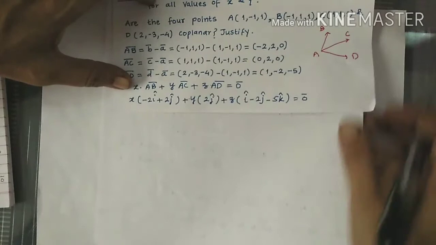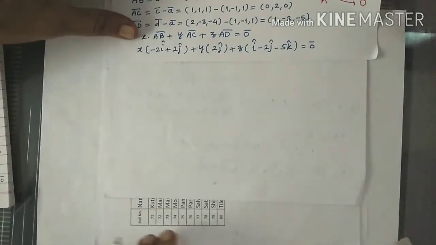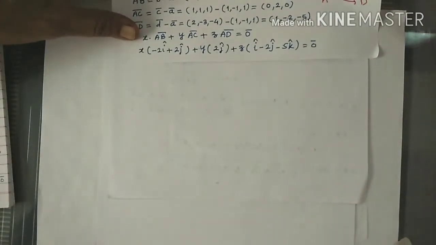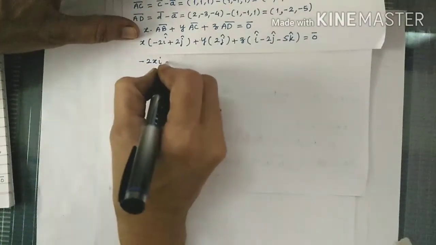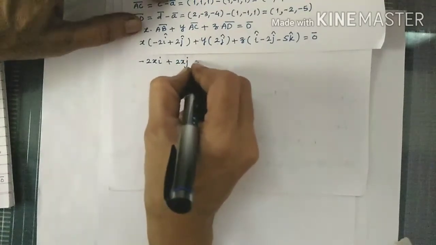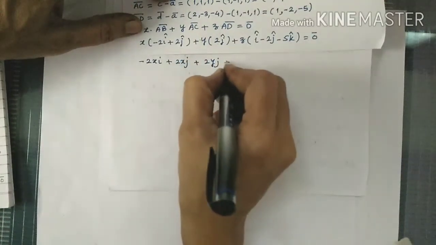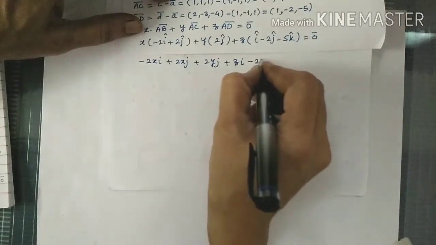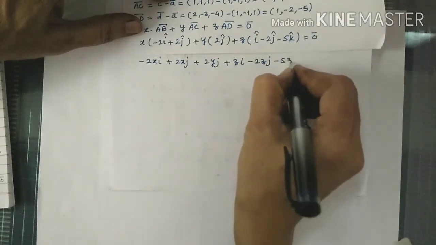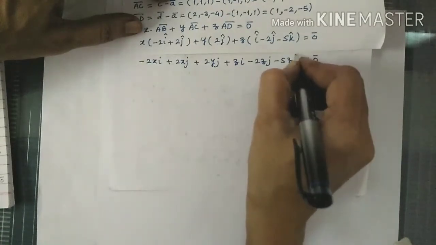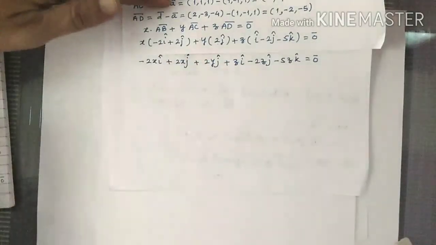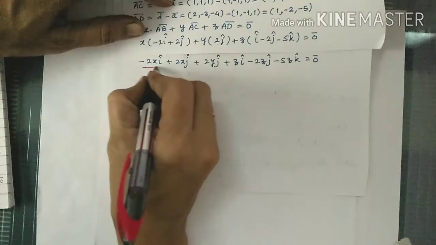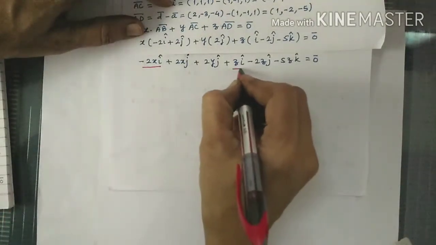Now let's solve this for values of x, y and z. Okay, so let's multiply this bracket by x. So we have now minus 2x i plus 2x j plus 2y j plus z i minus 2z j minus 5z k equal to 0 bar. Now let's take terms in i common. Terms in i are minus 2x i, then z i cap.